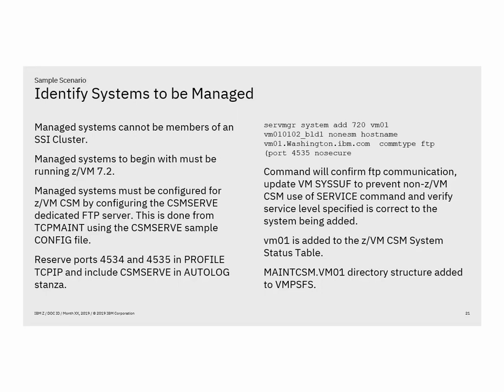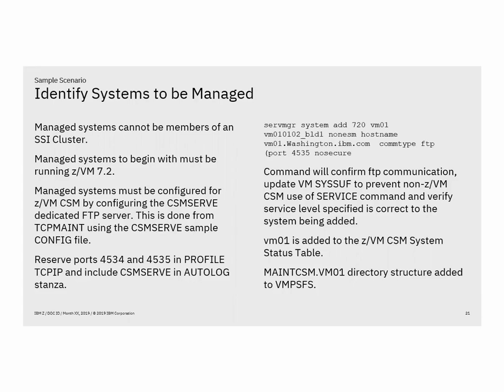And so that FTP server needs to be there. On the managed system, it's going to actually XAUTOLOG MAINT 720 if it's not already logged on. It's going to verify that the service level of this system matches the service level VM 010102 build 1.